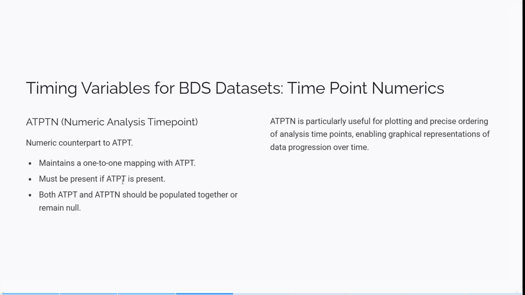It is good practice to extend the one-to-one relationship within a study, but it is not an ADaM requirement. It maintains one-to-one mapping with ATPT and must be present if ATPT is present. Both ATPT and ATPTN should be populated together or remain null. ATPTN is particularly useful for plotting and precise ordering of analysis time points, enabling graphical representation of the data progression over time.